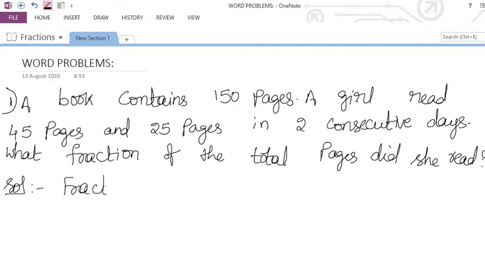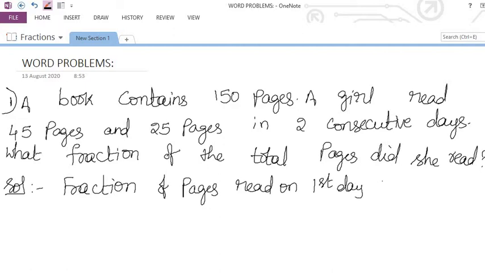Because these are fraction word problems, I am writing this step also with the word fraction. Fraction of pages read on first day is equal to 45, she read, and total how many pages? 150 pages.